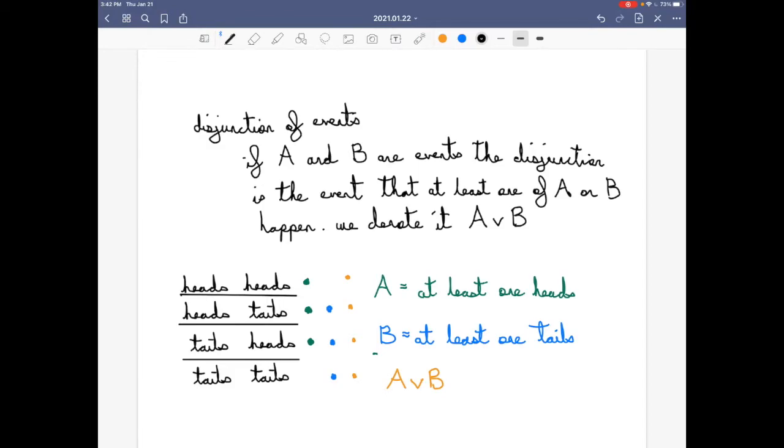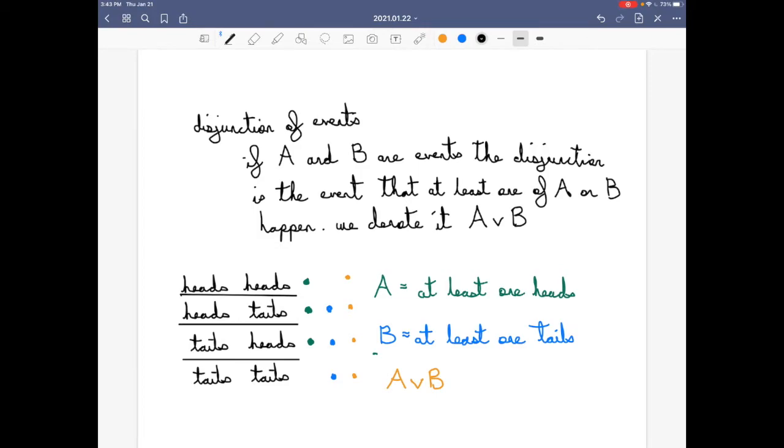Okay, so the disjunction is the event that at least one of A or B happens. And we denote it with this little V symbol, which you may have also seen in the same context of Boolean logic, which is the foundation of computer science.